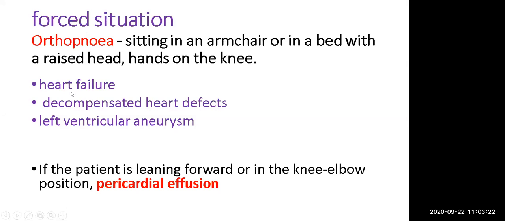Okay, in this slide, I try to show you in what conditions these four situations of orthopnea can appear: heart failure, decompensated heart defects, left ventricular aneurysm. But if the patient has a pericardial effusion, what will he do? The patient will try leaning forward or the knee-elbow position.